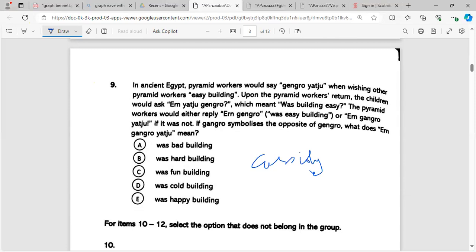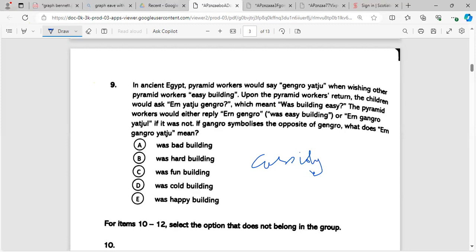Okay. Ready. In ancient Egypt, pyramid workers would say Jengro, Tizu, when wishing other workers easy building.